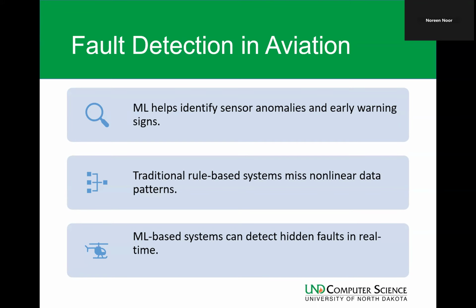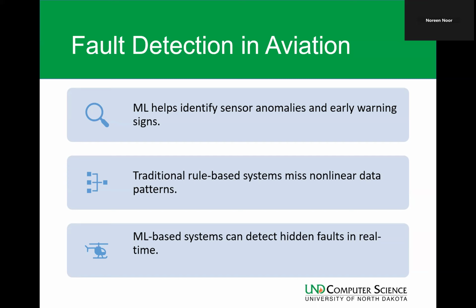In aviation, machine learning plays a key role in fault detection and early warning systems. It helps identify small sensor anomalies that might not be noticeable through traditional methods. A traditional rule-based system can miss complex nonlinear relationships in flight data, things like temperature and pressure variations that combine in unexpected ways.